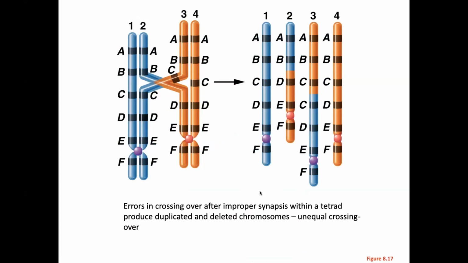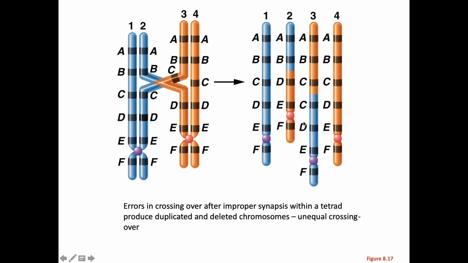Okay, the second mechanism, which is a little bit more frequent than replication errors, still rare, is again this unequal crossing over that I've described already. In this case, you're going to create an abnormal gamete, in other words, a gamete carrying a duplicated version of the original chromosome, and for this example, duplicated for the C region.